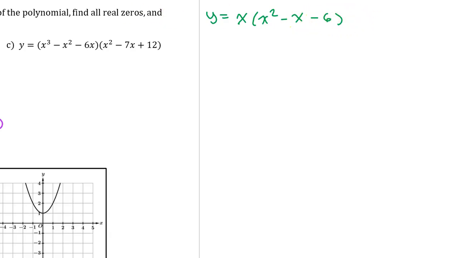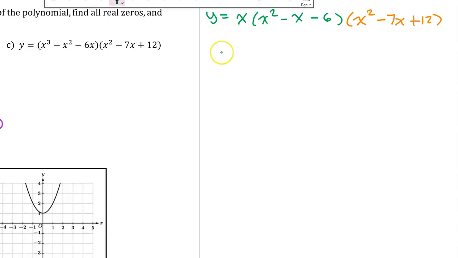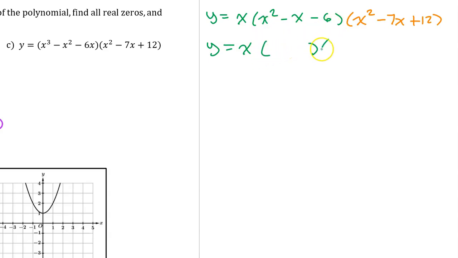I think I'm going to change colors just so you can follow what I'm doing more easily. And then the trinomial x squared minus 7x plus 12. I think we can factor each of these trinomials further. So I'm going to go ahead and bring down the y equals and the x. But let's factor this first trinomial.